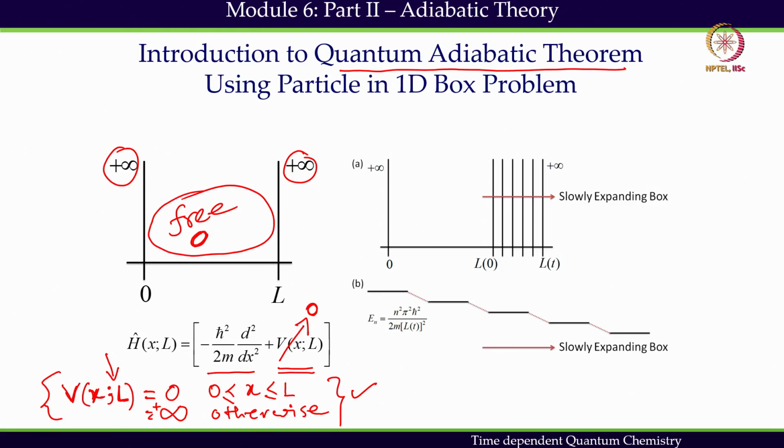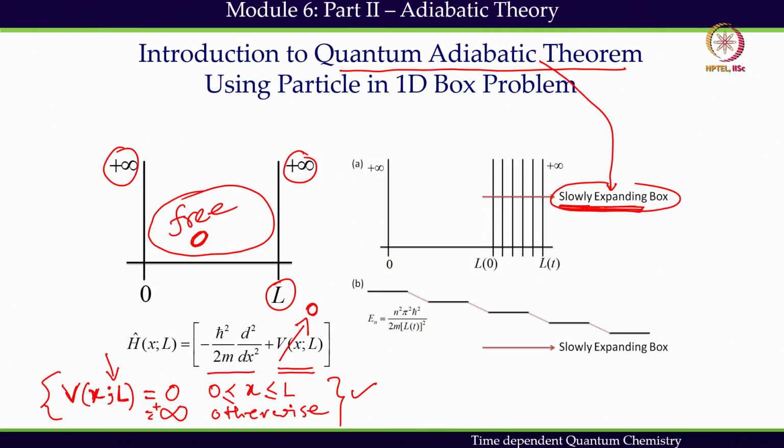Now, for the demonstration of quantum adiabatic theory using the particle in a one dimensional box problem, we assume that this L changes as a function of time very slowly. So it is a slowly expanding box, and this slow expansion is the adiabatic approximation. That is why it is called quantum adiabatic theory.